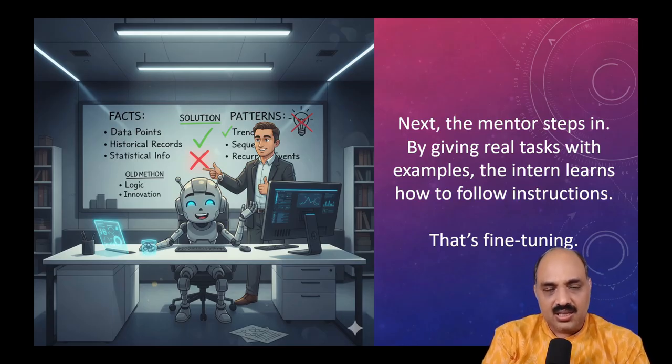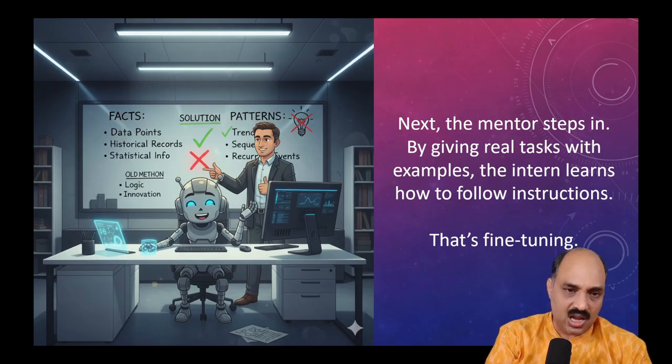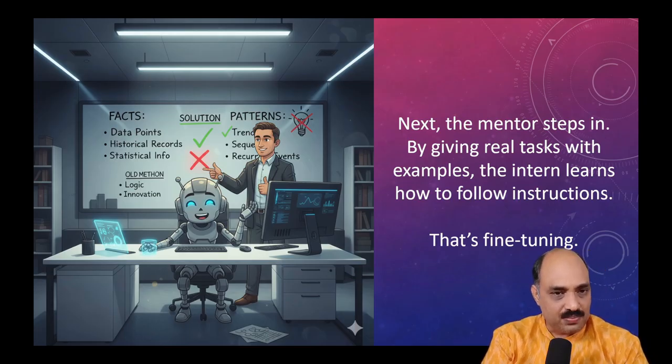So the major part of the intelligence and the character that Chitti is supposed to have comes in the phase of fine-tuning. Where is it coming from? In the first stage, it learned everything, found out patterns, data points, and everything.